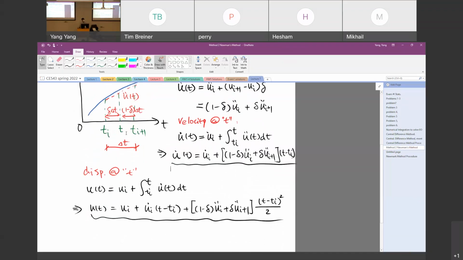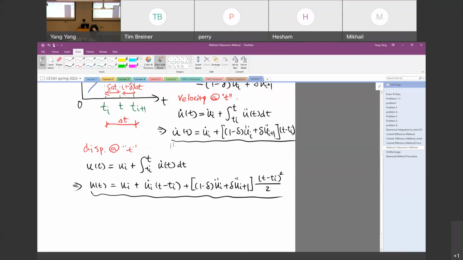A very good question. This is just some mathematical trick developed by Professor Newmark from the University of California, Berkeley. Do you have to know the plot of the acceleration response to use this method?